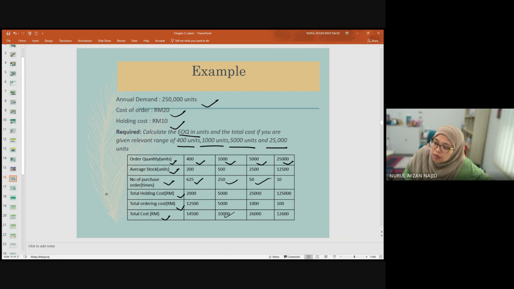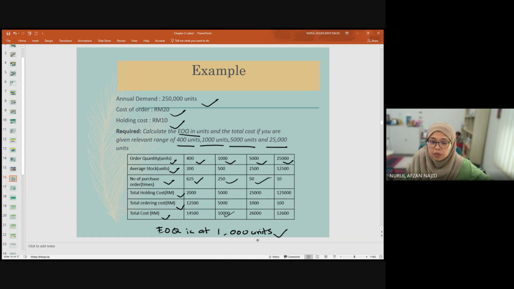So, jawapan dia adalah EOQ is at 1,000 kg ke apa ni? Unit. So, ini baru jawapan penuh. So, you akan dapat full marks. This is the calculation sahaja. You just calculate. Okay. Then, you bagi EOQ is at berapa?